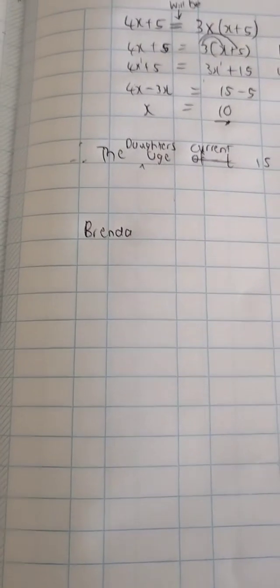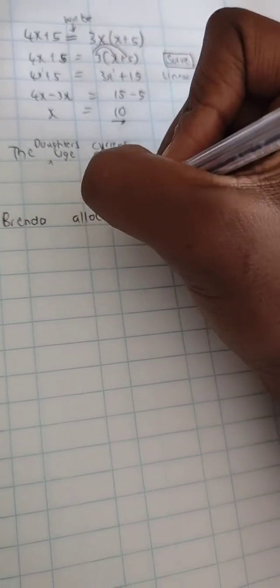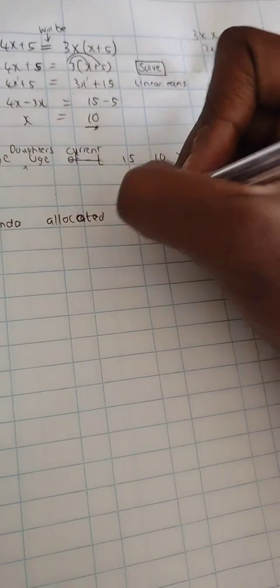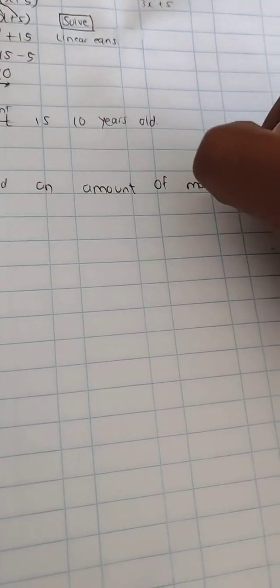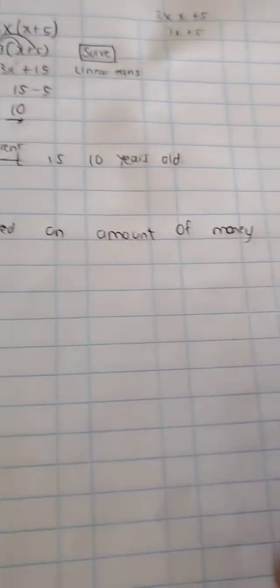Brenda. Oh, Brenda is featuring in a word problem. My goodness. Golly gosh. Let's look at what Brenda did. Brenda allocated an amount of money. You see, now Brenda is working with money, allocating money to spend.